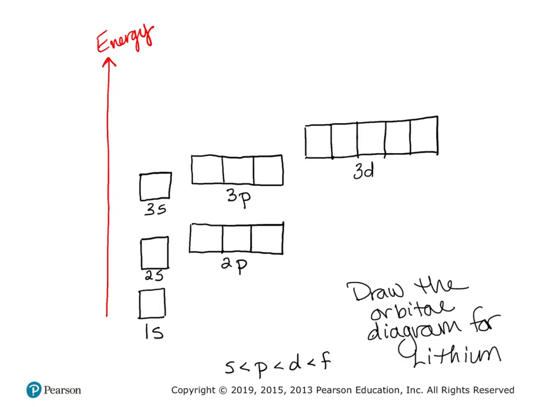Then you would go to the periodic table and see that its atomic number is 3. So it has 3 electrons, if it's neutral at least. So then we know we have 3 arrows or 3 electrons, and we're going to start from the bottom of this energy diagram.